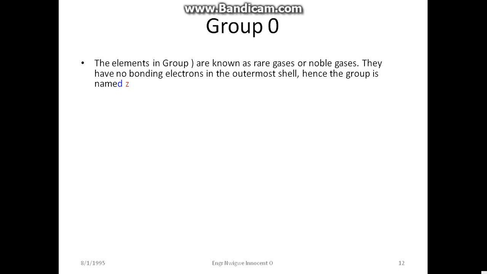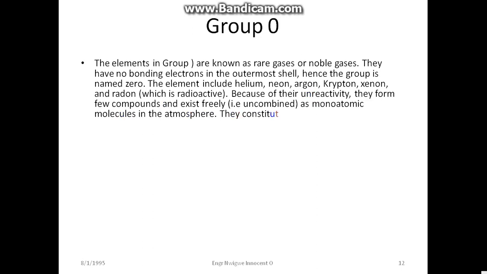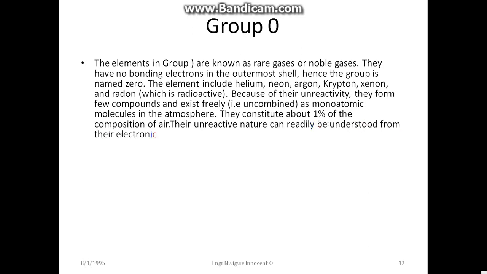Group 0. The elements in group 0 are known as rare gases or noble gases. They have no bonding electrons in their outer shell, hence the group is named 0. The elements include helium, neon, argon, krypton, xenon, and radon, which is radioactive.